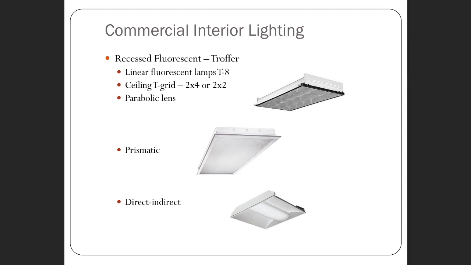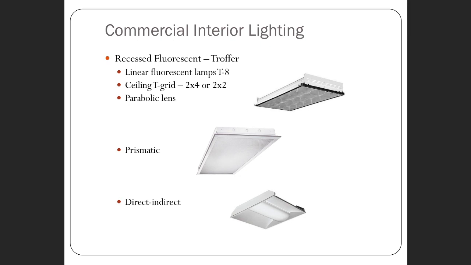So this is a fixture that's going to sit inside a ceiling grid, a T-bar ceiling grid, a 2x2 or 2x4 lighting fixture, and have a variety of shapes and sizes and types of lenses. So again, if we were sitting in the classroom at Triton, I would point up and say, here's an X, Y, or Z lighting fixture.